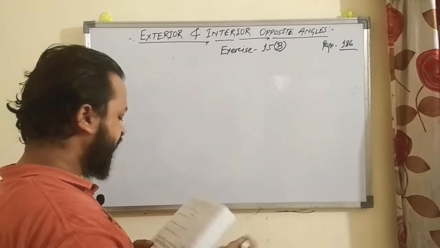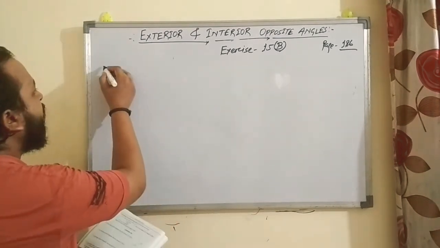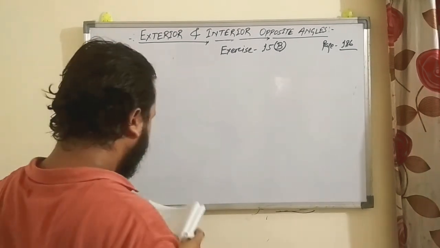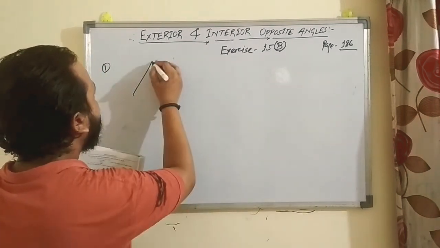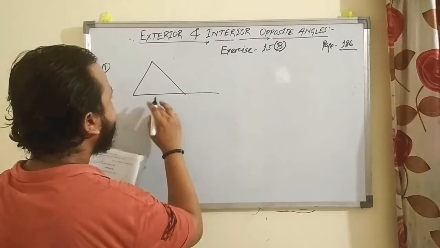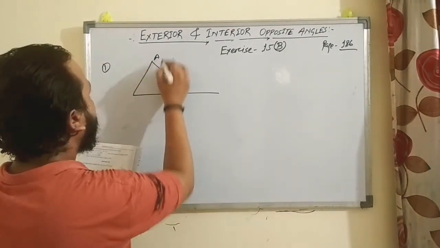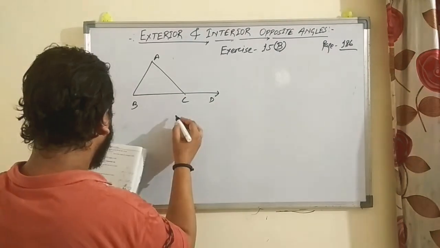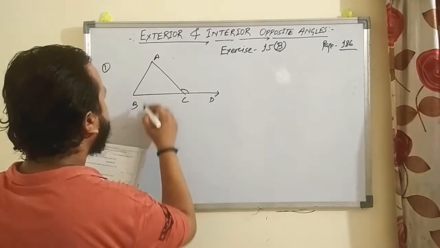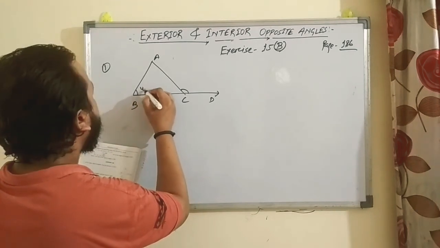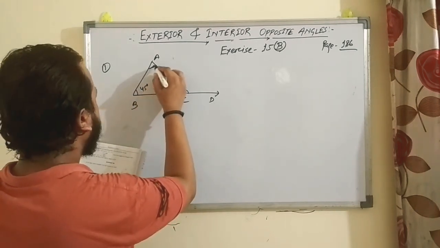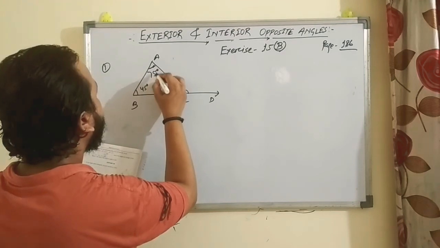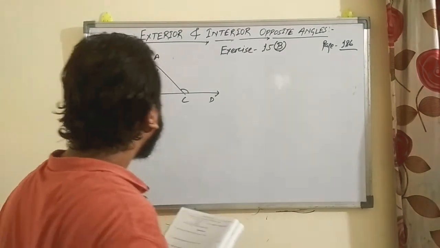Here in the first question, a figure is given in which this is the figure, right? A, B, and C. It is extended till D. You have to find out this angle. This angle is 45 degrees and this angle is 75 degrees. This is given, right?